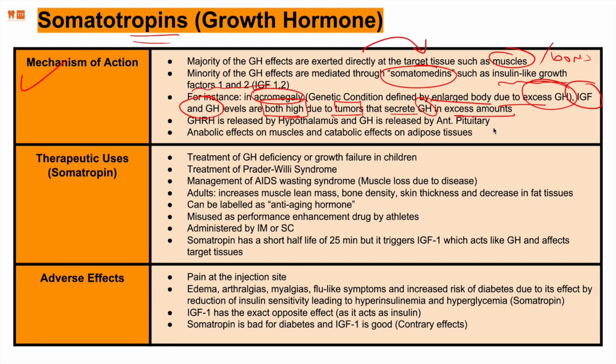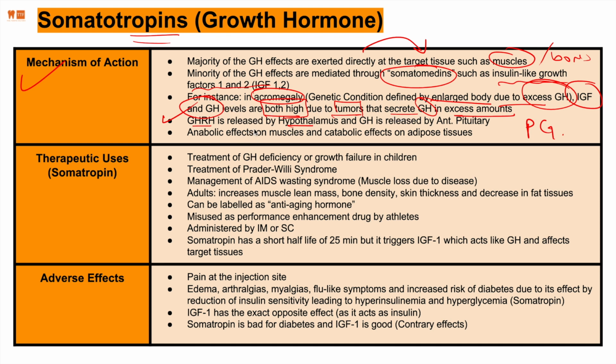So in essence, if there's a tumor in the pituitary gland that releases a high number of growth hormones, we get acromegaly. Fair enough? That's when growth hormone release needs to be stopped. Okay, we'll get to that point in the next slide.